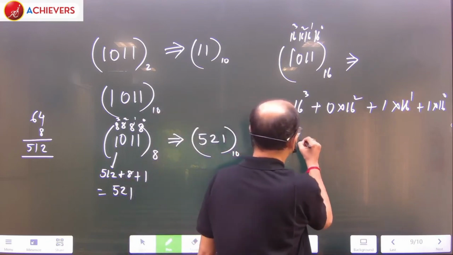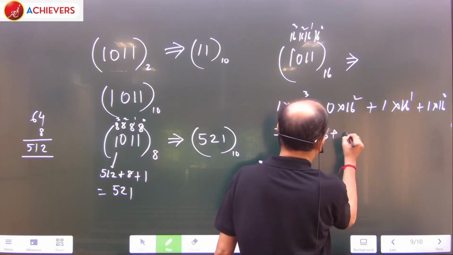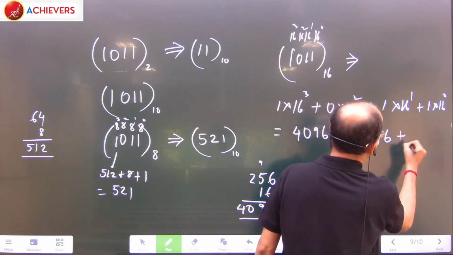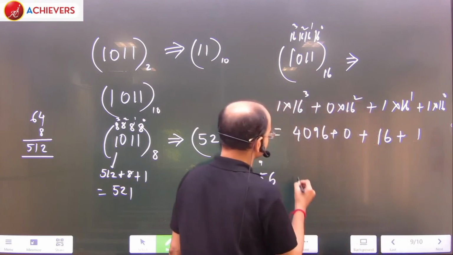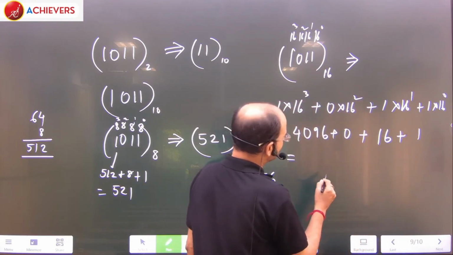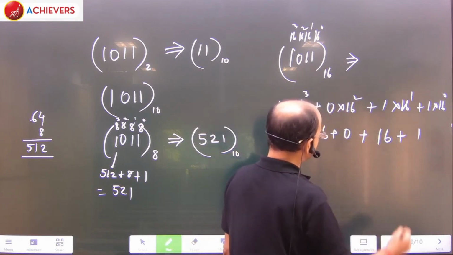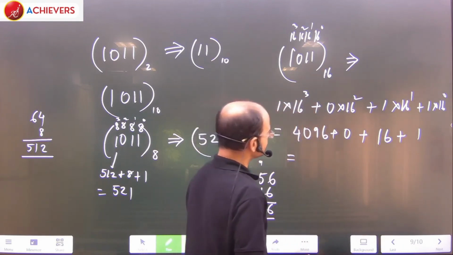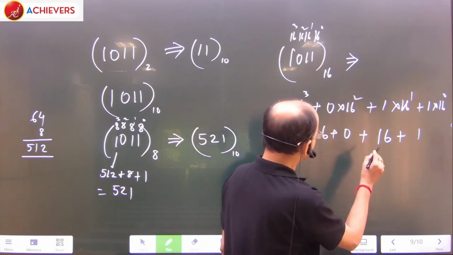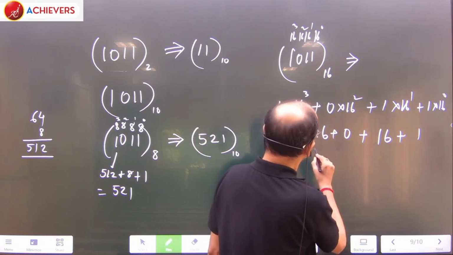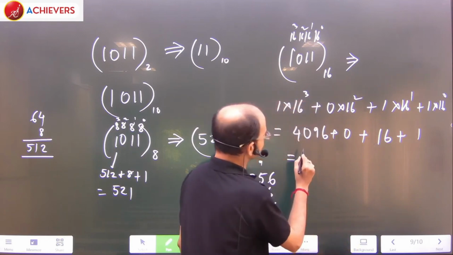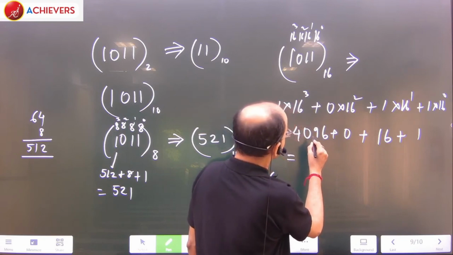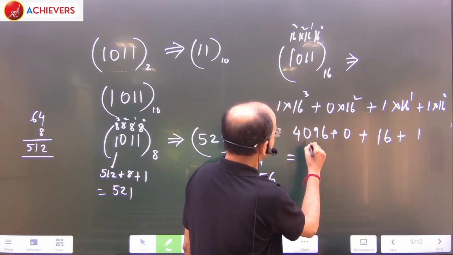So 4096 plus 0, 0 into anything is 0, plus 16 plus 1 equals 4096 plus 17.